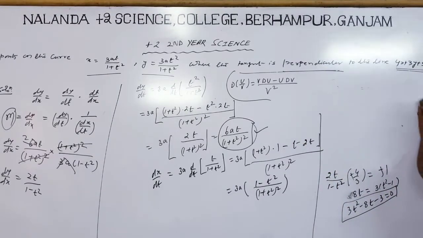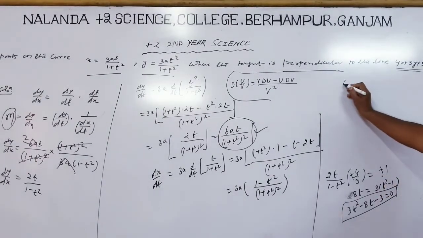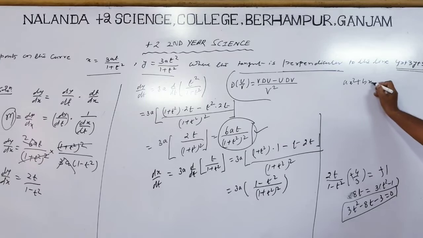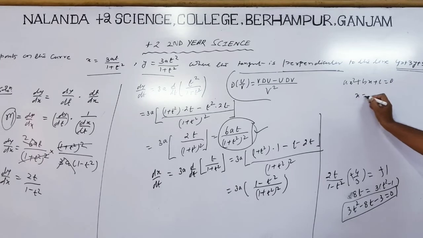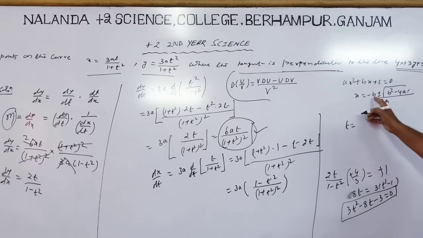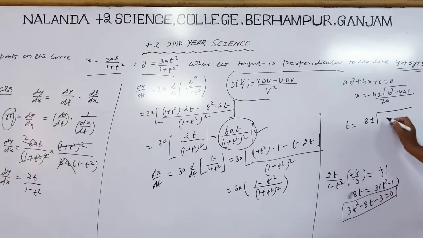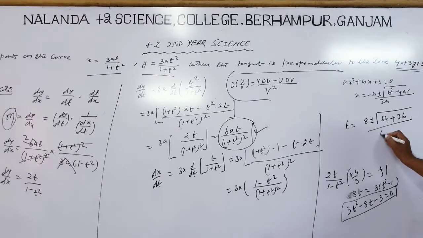Now we know from 10th class, suppose ax² + bx + c = 0, then what is x? x equals minus b plus or minus root over b² minus 4ac, by 2a. Here this is a quadratic equation. Now t equals minus b, that is 8, plus or minus root of b², 8² is 64, minus 4ac, 9 into 4 is 36, by 2a, 6.